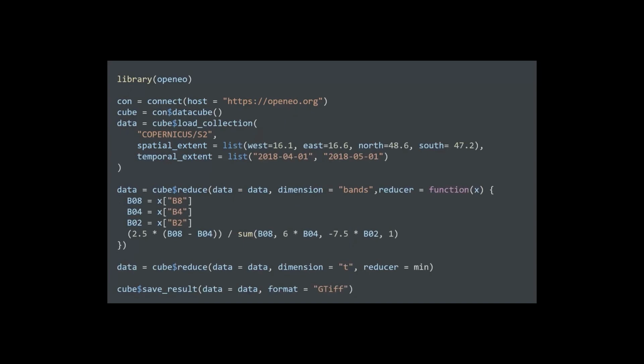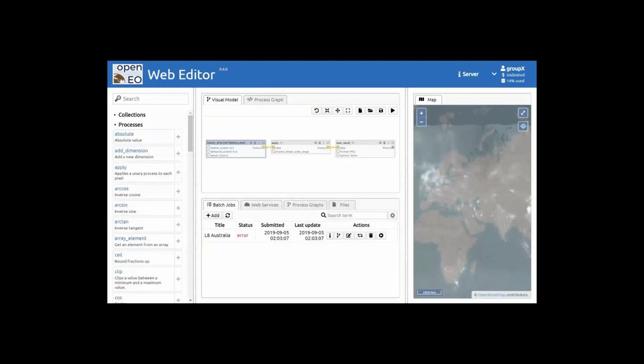The same looks very similar in R, so it's very, very easy to get used to that, I think. And if you don't want to program, you can also use the web tool, the web editor here, which is a nice UI component which covers everything, including showing things on the map, etc.